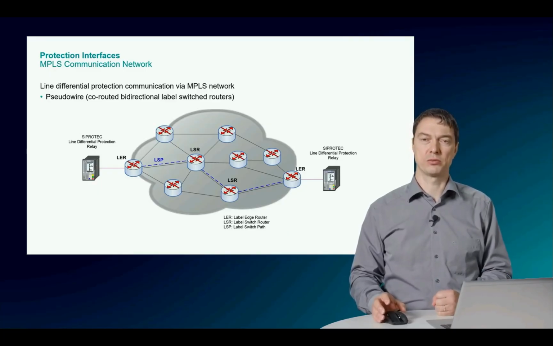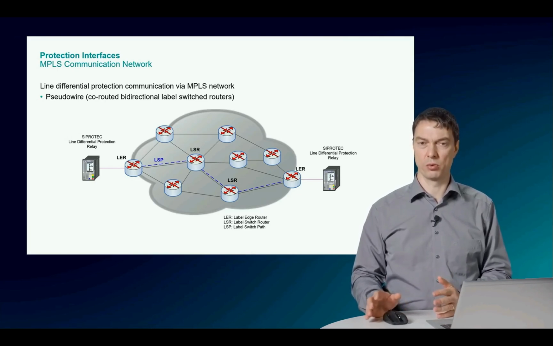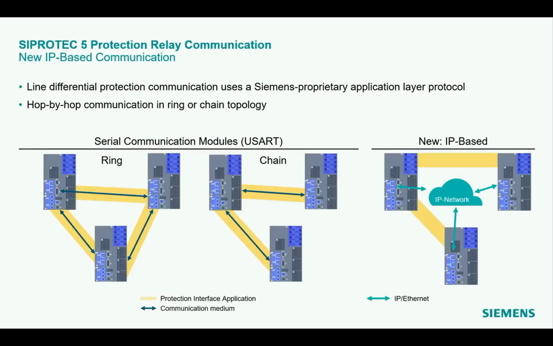Such a transition from TDM to packet-switched networks is an ongoing process for many TSOs and DSOs worldwide. The line differential protection communication uses a Siemens proprietary application layer protocol, which is a hop-by-hop communication in a ring or chain topology.